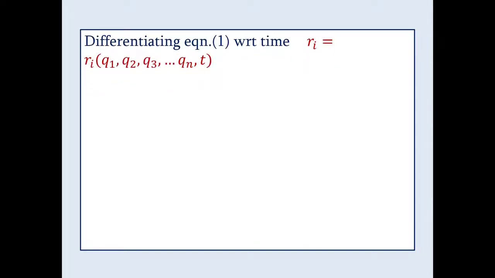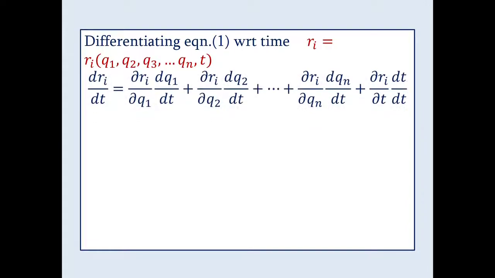So we know equation 1 is Ri equal to Ri, a function of many variables q1, q2, q3 to qn, comma t. Next, let us differentiate equation 1 with respect to time, that is, find the total time derivative of equation 1. Here we are making use of the chain rule.